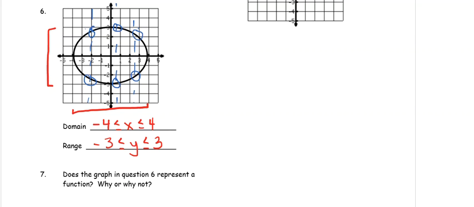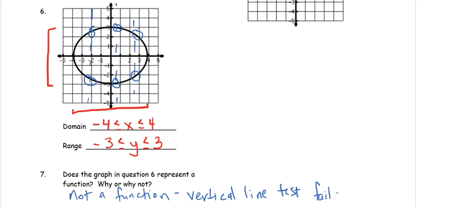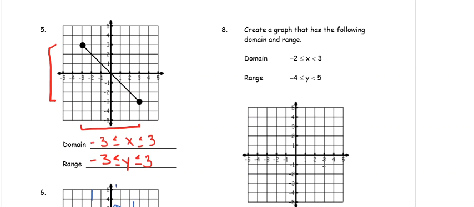There's 2 points here, 2 points here, 2 points here. And when it does that, the vertical line test fails, so it is not a function.